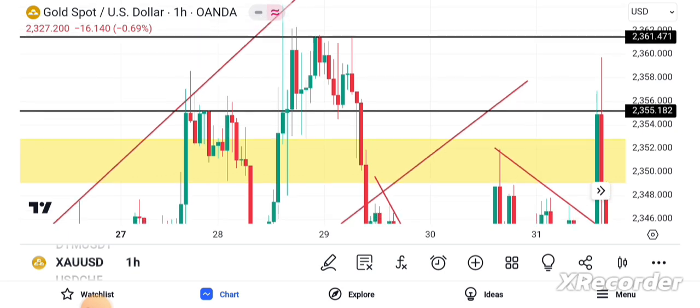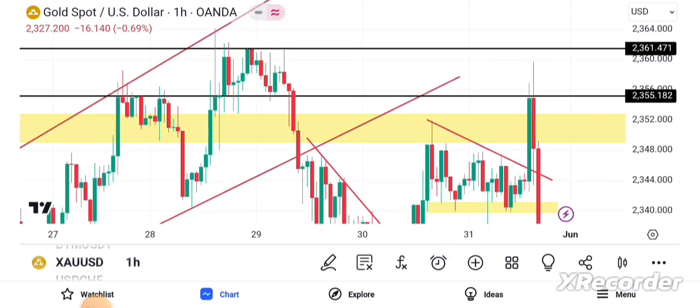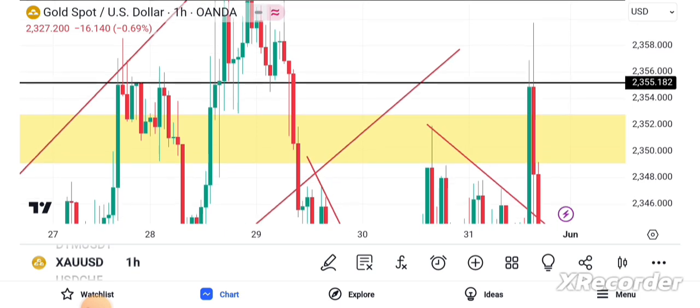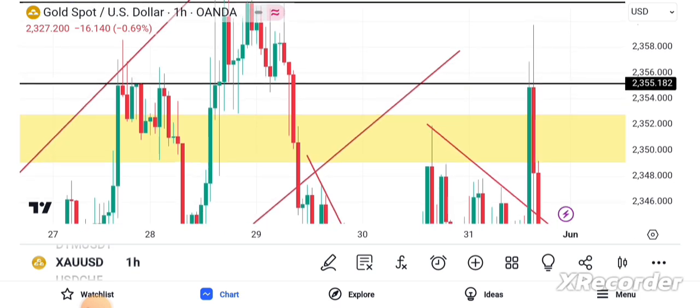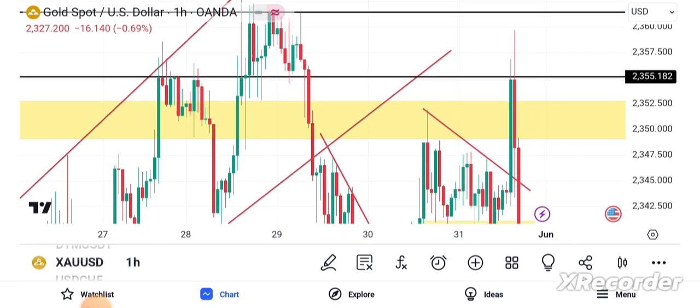So for this reason, we now know why we have this rejection here, this fake out, stop loss hunt and the drop, because we already have a previous support and resistance level. So price came back to retest that same zone. This zone is very important because we're seeing a lot of rejections. So it tested it before dropping.